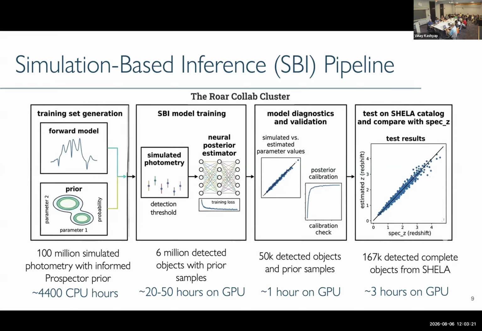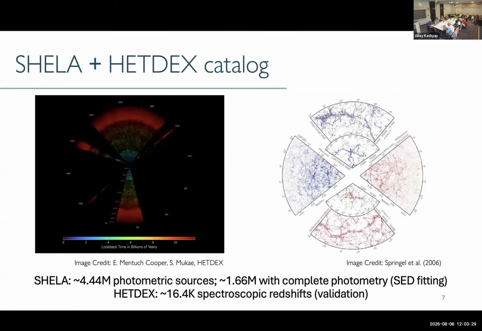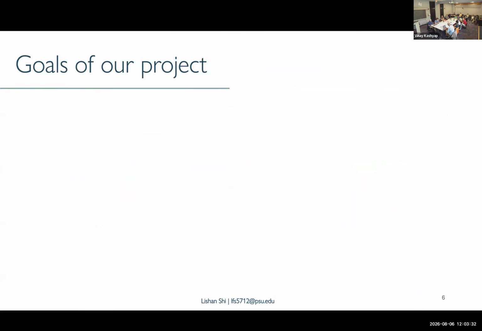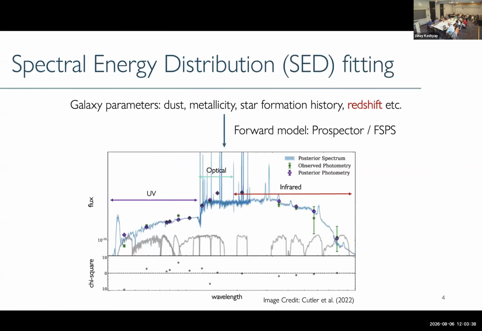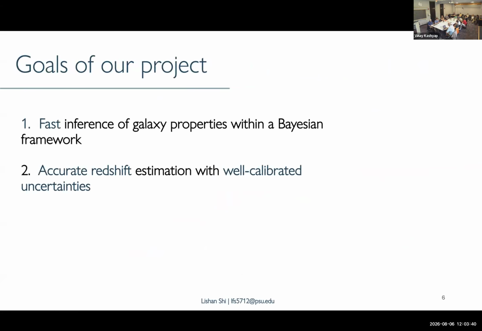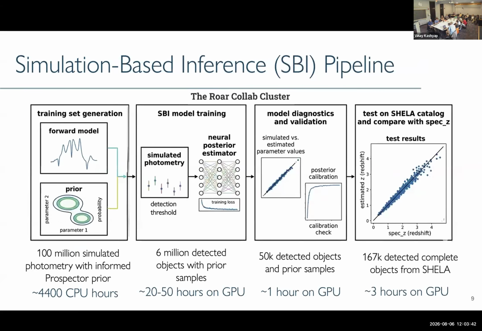Are you using Justin Alsing's Speculator emulator? Actually, Elijah, who is also my collaborator here, developed an emulator for his other project, and we just wanted to see if it works. But I think it doesn't, so that's why we didn't use it in the end.